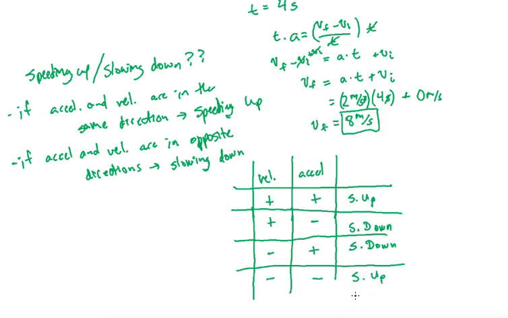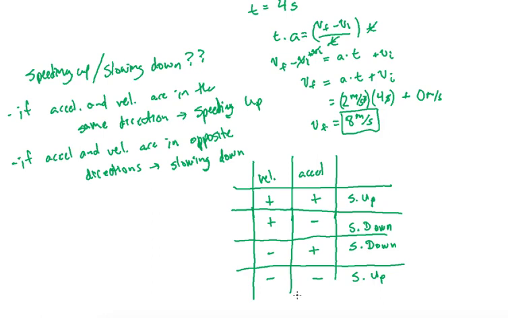It's just this would be speeding up in the negative direction. This would be speeding up in the positive direction. This would be slowing down but moving in the positive direction. And this would be slowing down but moving in the negative direction. But either way, you're going towards that zero speed.